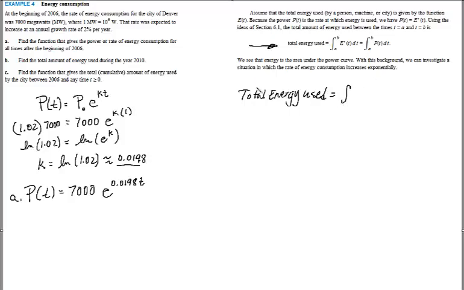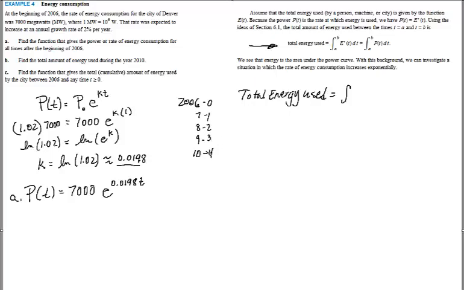Now my limits of integration, they want to know during the year 2010. Well, if 2006 is 0, 2007 is 1, 2008 is 2, 2009 is 3, and 2010 would be 4.